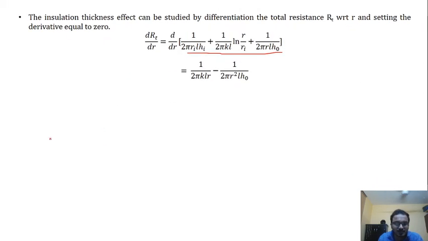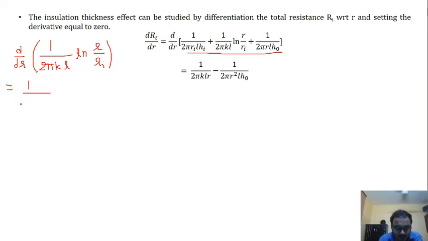To explain this part, let us say that we are differentiating the middle term first. d upon dr of 1 divided by 2 pi k l ln r upon ri. So we are going to differentiate this first.